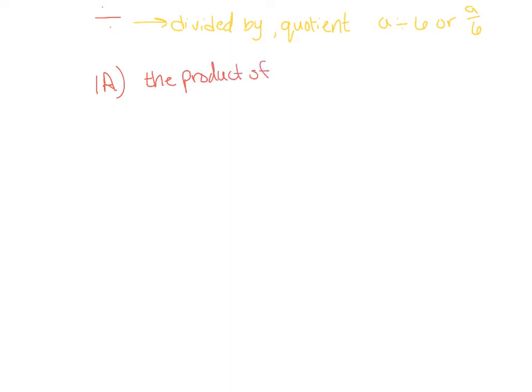You can look up on the wall of the classroom to find your math word, but my math word is product, and product means to multiply. So I'm multiplying 20 times t, so I can do 20 times t or 20t right together.